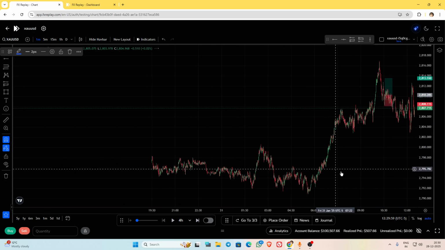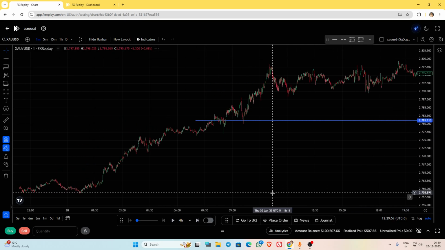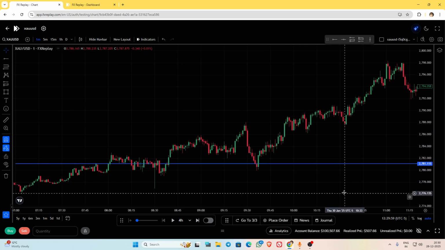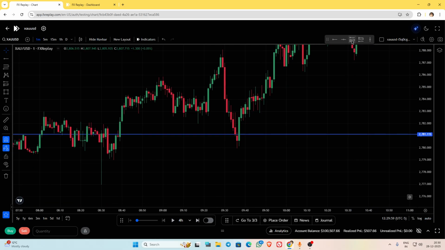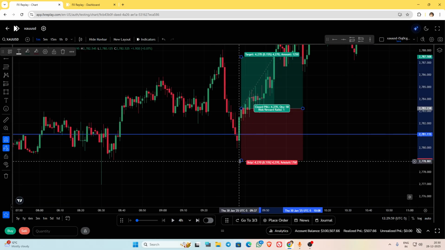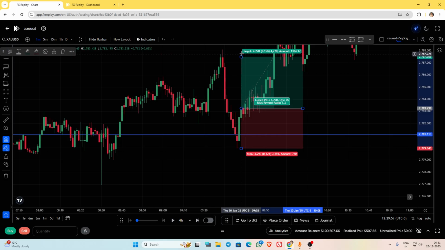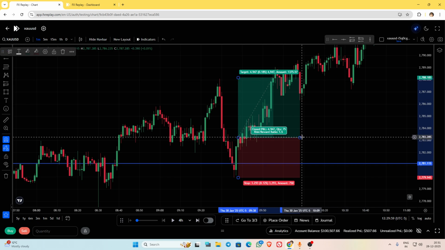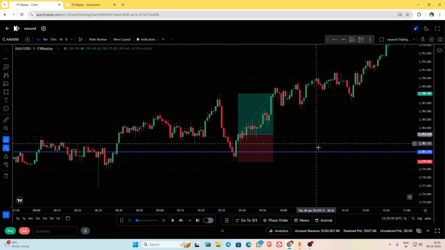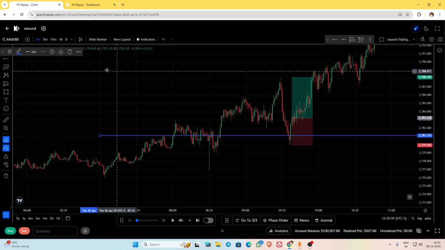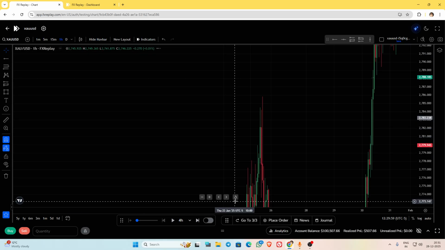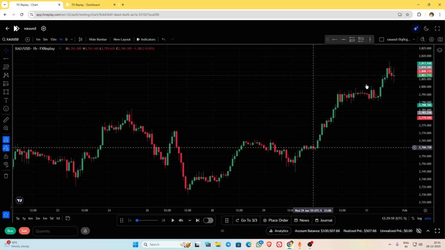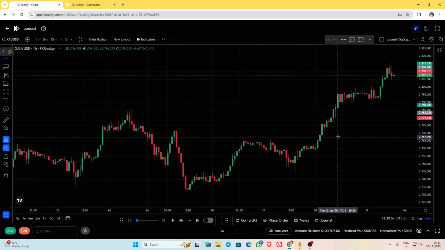So there is one trade which was a loss, and there is a trade which was a profit. So I'm going to mark out all these trades manually, and then we will count how much we made.